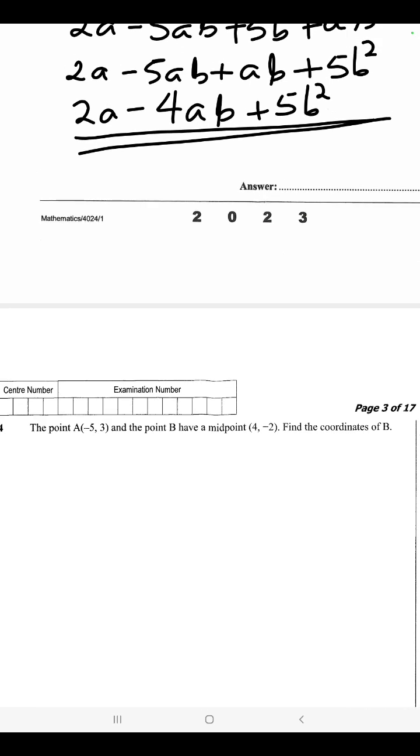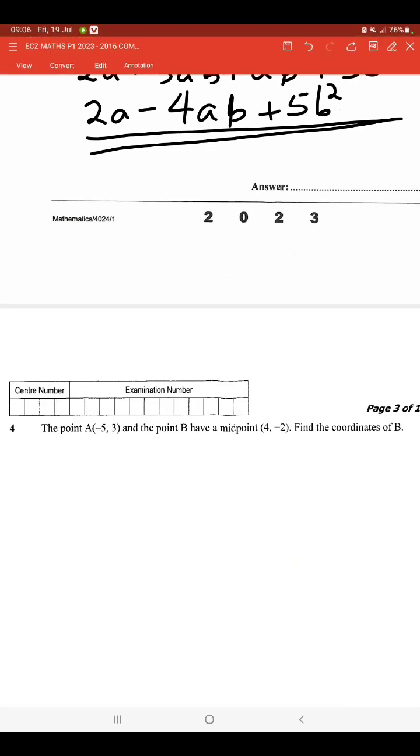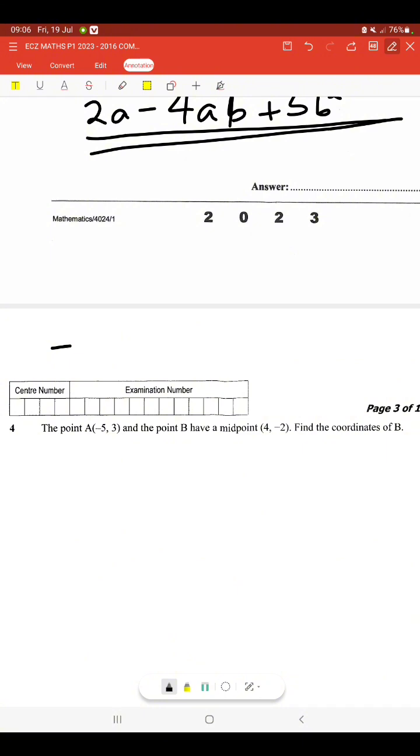Question 4 is saying the point A, which is (-5, 3), and the point B have a midpoint (4, -2). Find the coordinates of B. Okay, so I'm going to illustrate this one just to make you understand. We might have a line like this, and this is point A, point B, and this line has got a midpoint somewhere here.